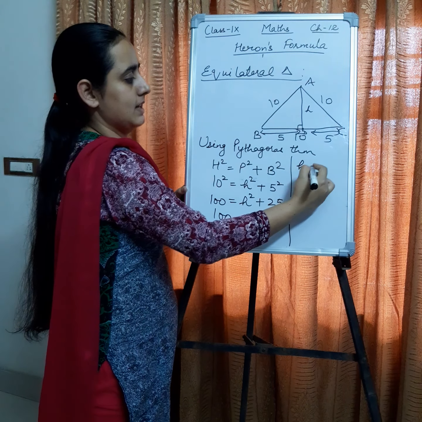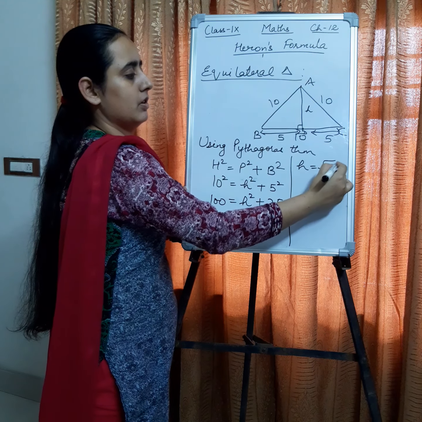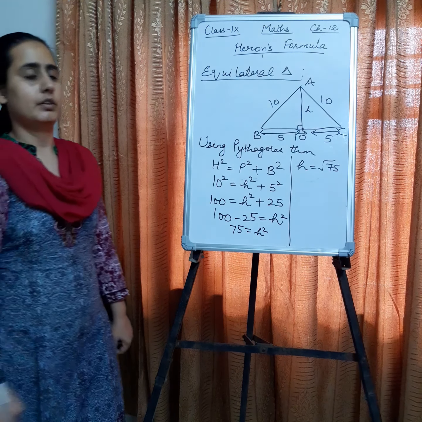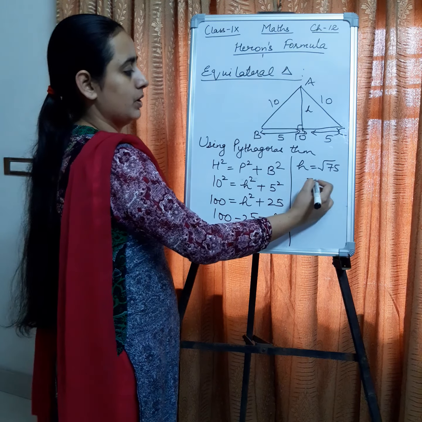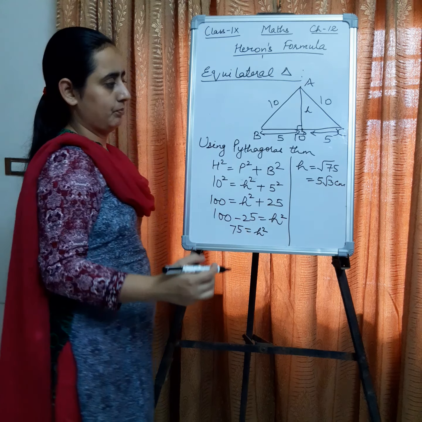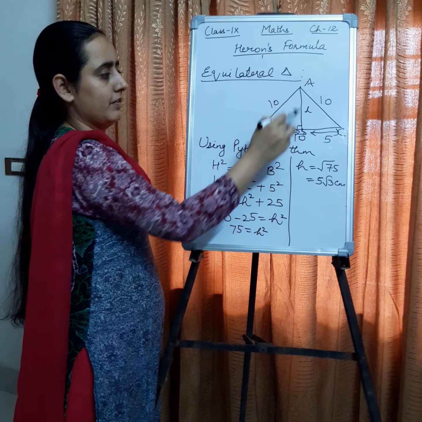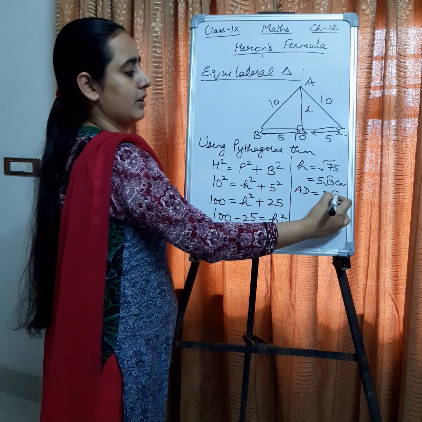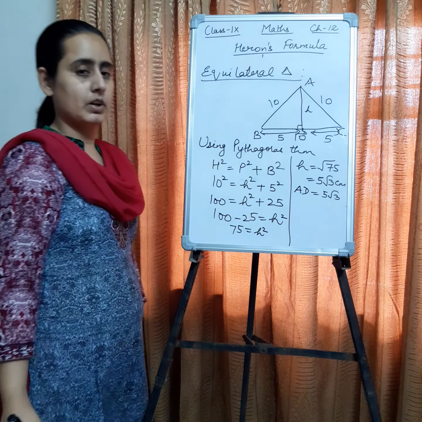That means H is equal to under root of 75. You all know how we calculate the square root. So it will be equal to 5 under root 3 centimeter. So we have calculated the value of AD, that is 5 under root 3 centimeter.